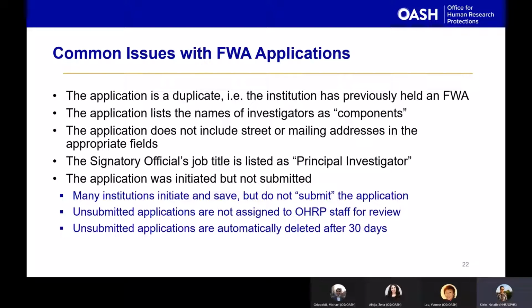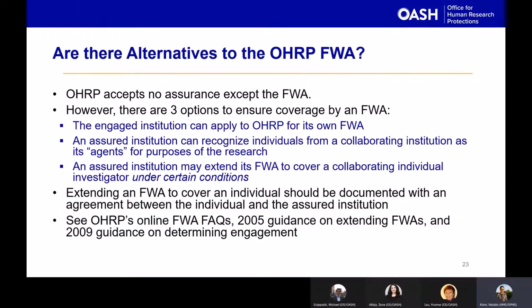Finally, many groups ask whether there are alternatives to the FWA. Please be aware that OHRP does not accept any assurance other than the FWA. That said, there are 3 different options for ensuring coverage by an FWA when needed. The engaged institution can apply for its own FWA from OHRP as described already. An FWA holding institution can also recognize collaborators as their employees or agents for the purposes of the research.